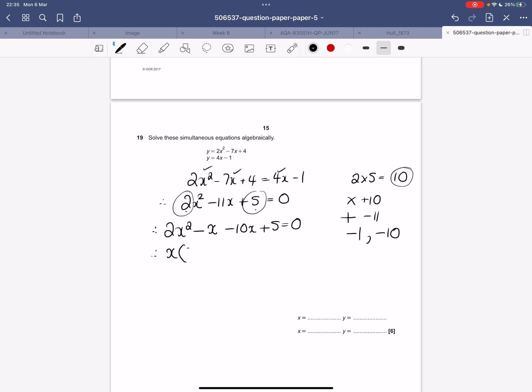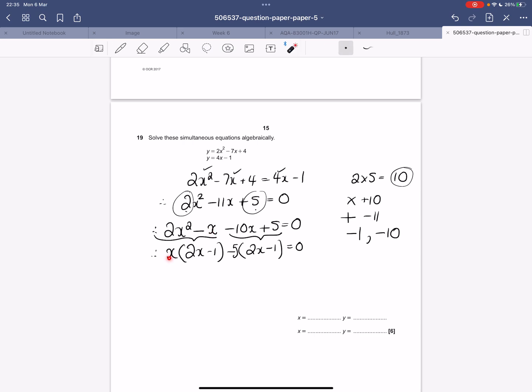So that first one is x times 2x minus 1. And then this is minus 5 times 2x minus 1. Because we separate this out these ways: minus 1x, minus 10x, and then you factorise these first two, and then you factorise these second two.